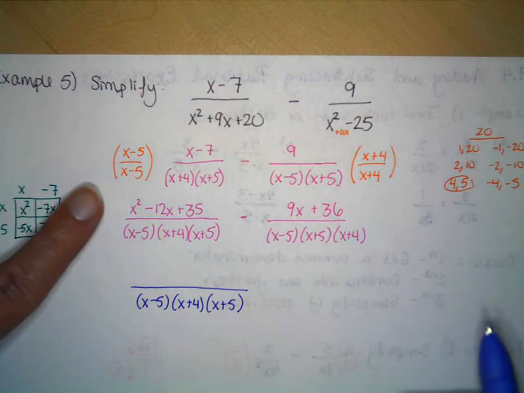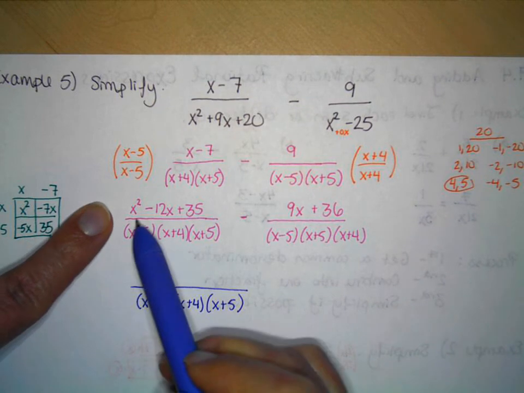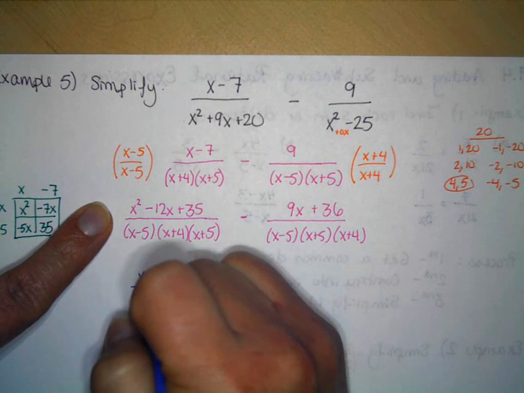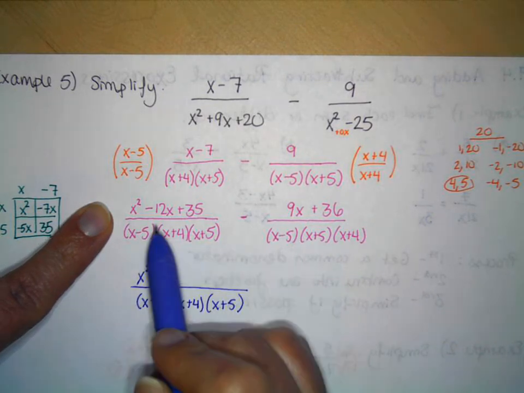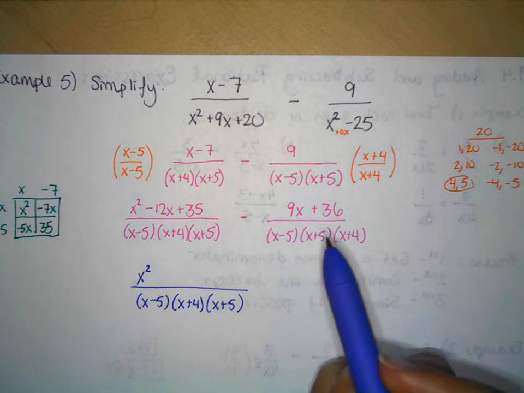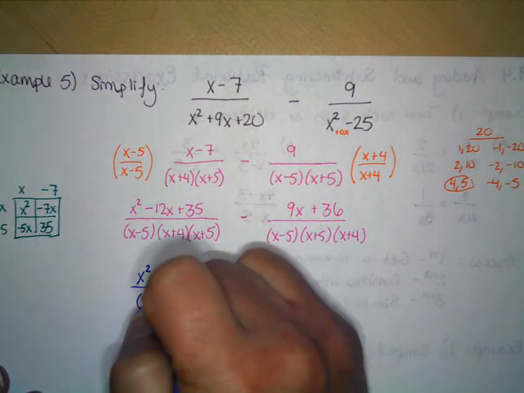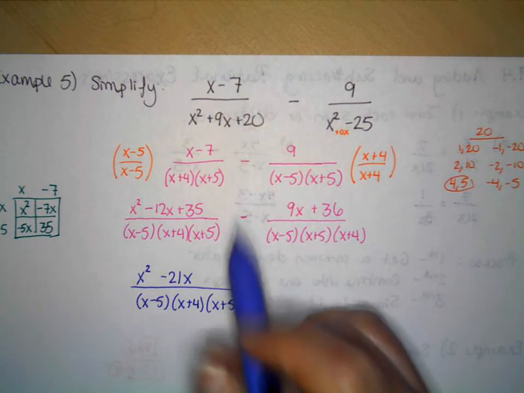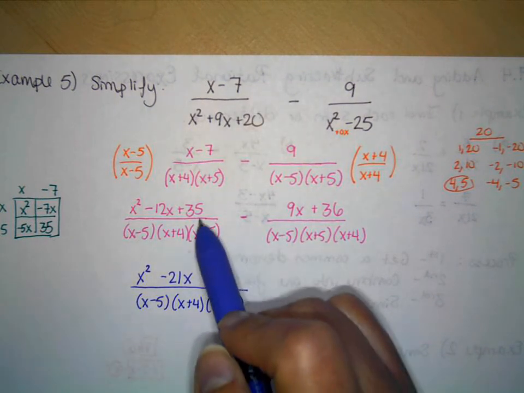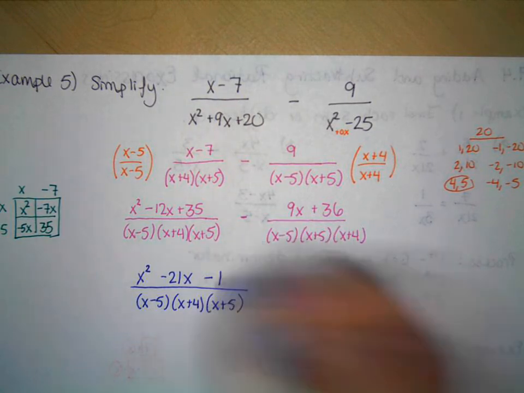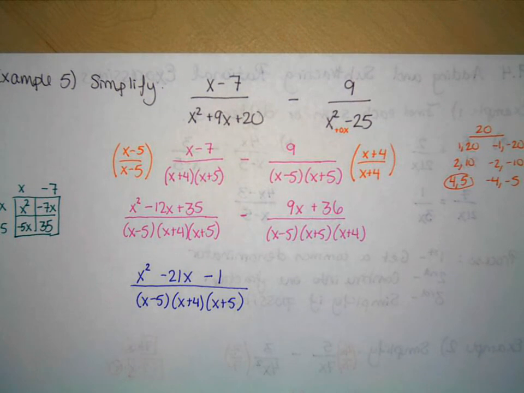All right, so looking at our numerators, I have an x squared in my first fraction minus no x squared. Okay, so x squared. Negative 12x minus 9x is going to go more negative. Negative 12 minus 9 gives us negative 21x. And then for our constant term, 35 minus 36 is negative 1.